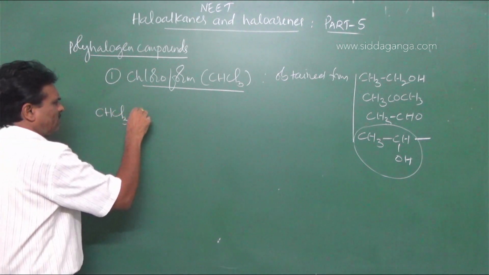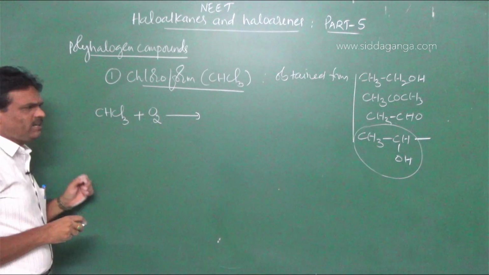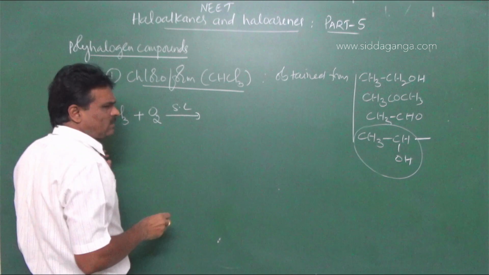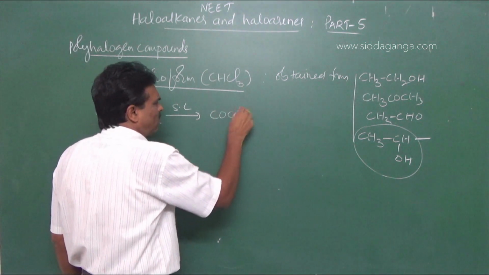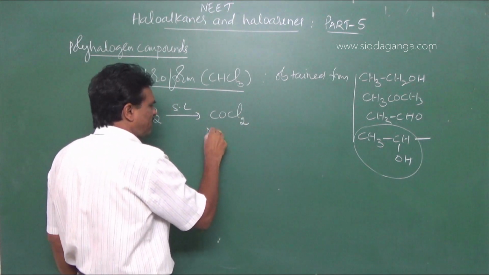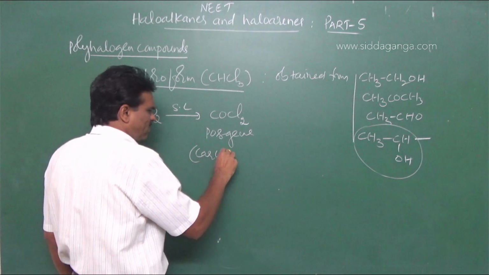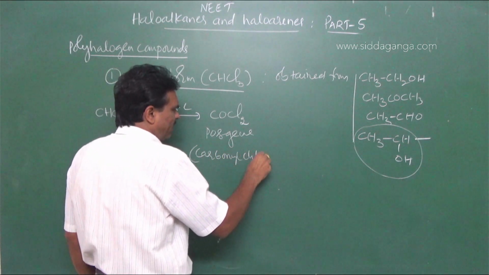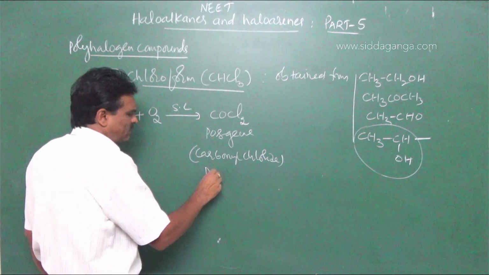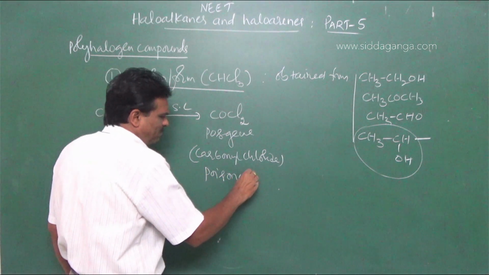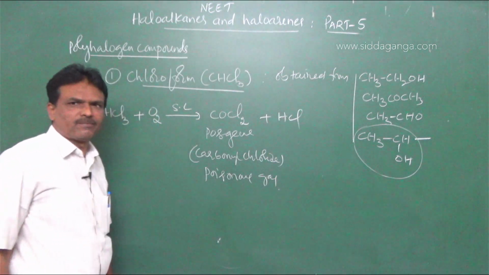CHCl3 is slowly oxidized by oxygen in the presence of sunlight to form a poisonous gas, carbonyl chloride or phosgene, along with the formation of HCl.